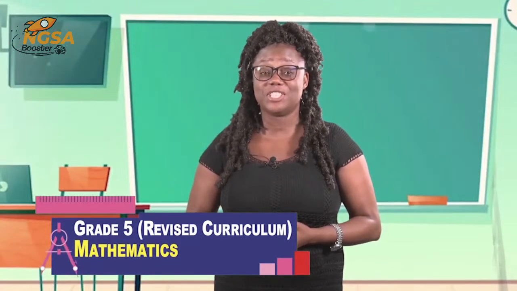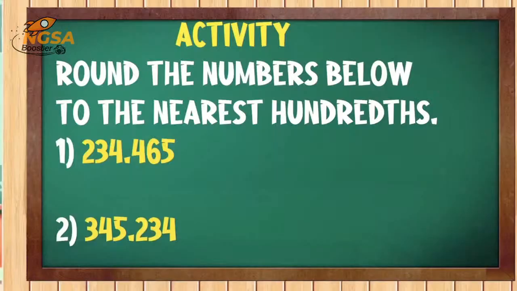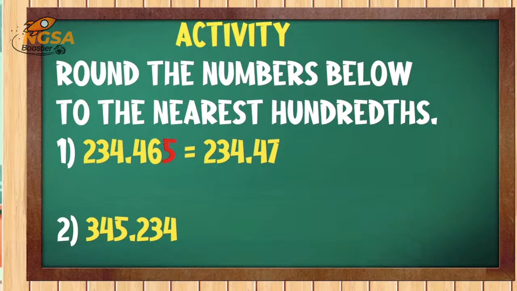You should be finished by now. 234.465 rounded to the nearest hundredths is 234.47. Why? What number is in the thousandths place? 5 is in the thousandths place.